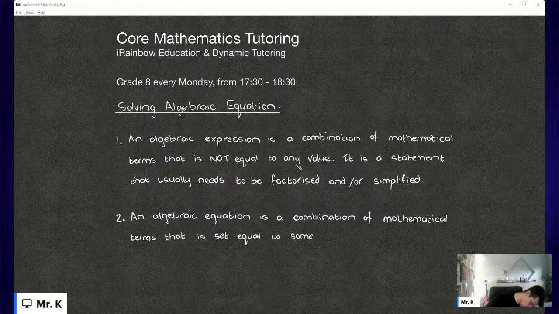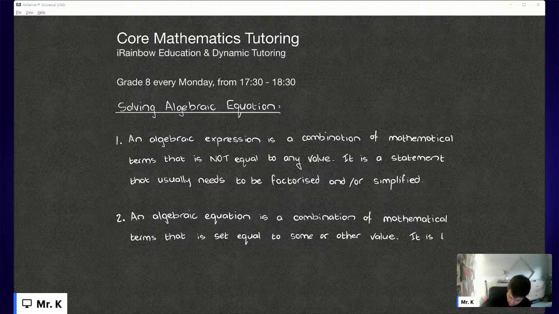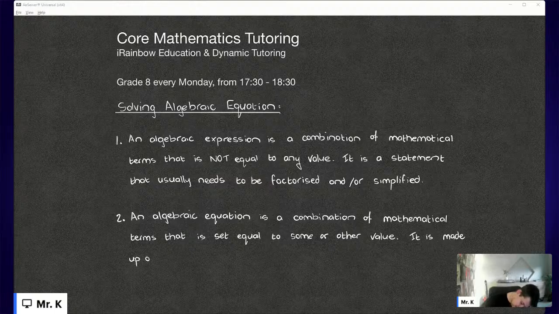That can be algebraic. So it is made up of two expressions that are set equal to one another.